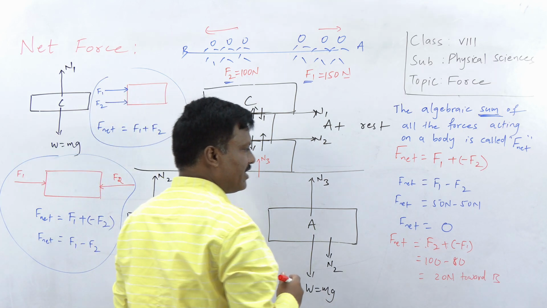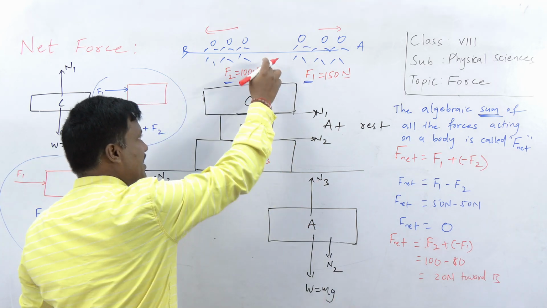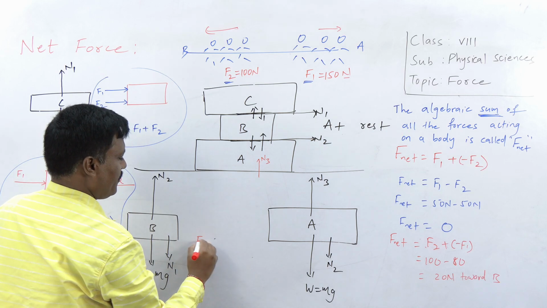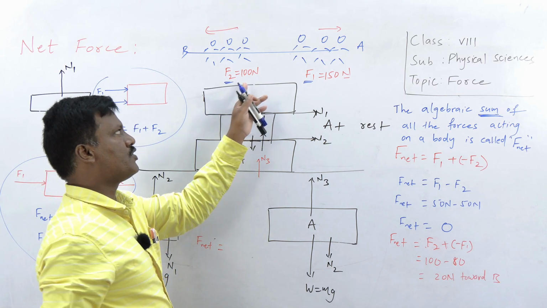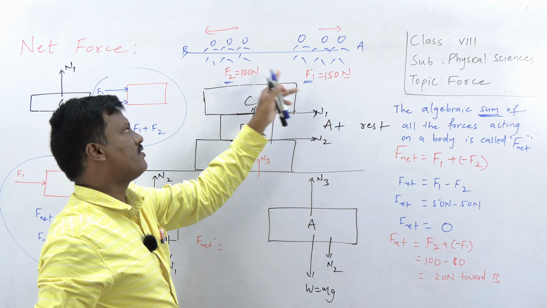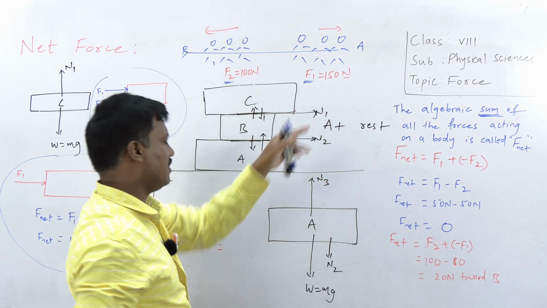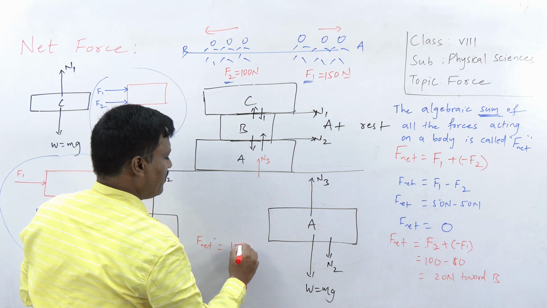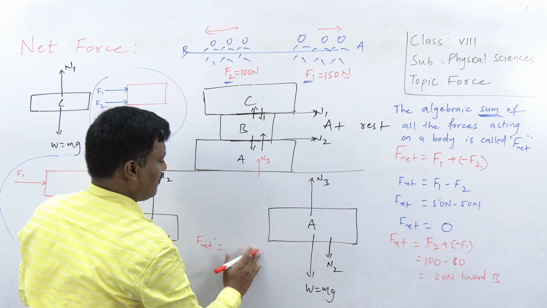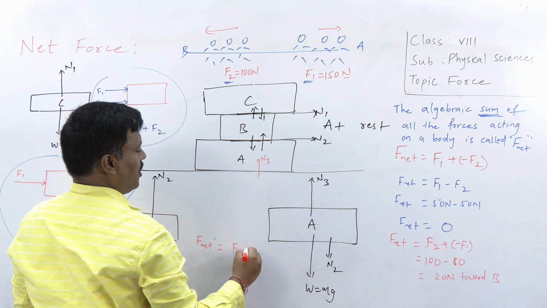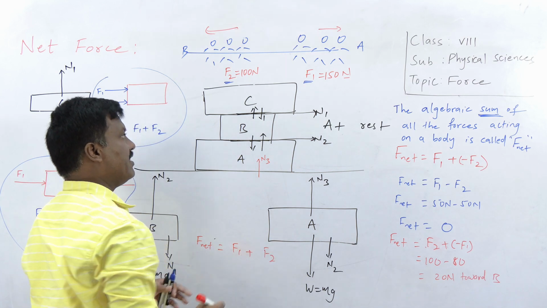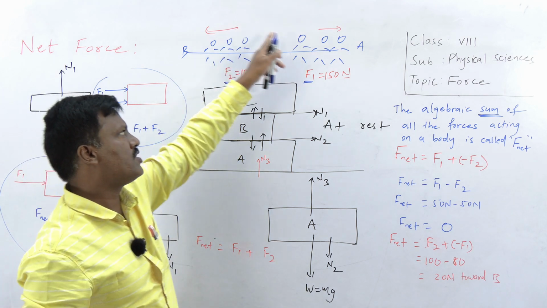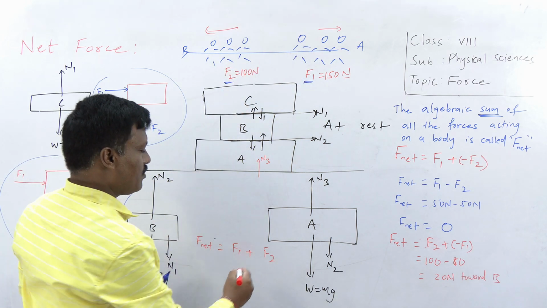Now how do you calculate the net force in this case? We calculate the net force this way. Net force is equal to, which is the larger force between these two? 150 is the larger force, 100 is the smaller force, right? So first you have to write the formula F1 plus F2, but F2 is opposite to F1, that is why we are taking a negative sign.